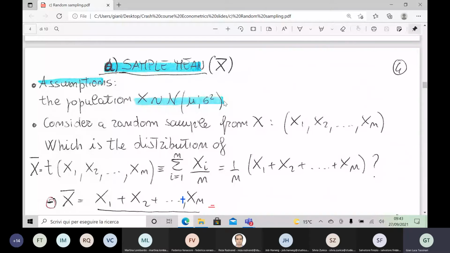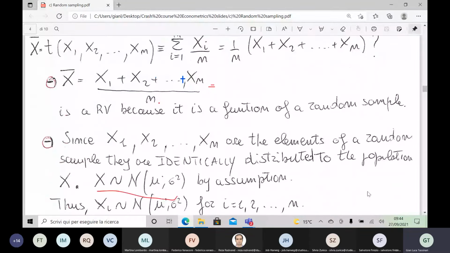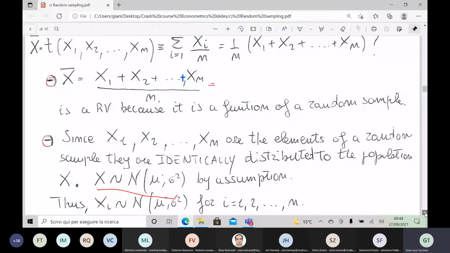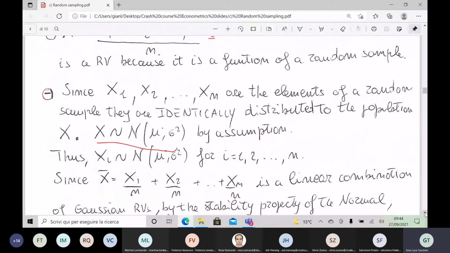And now work with me because we repeat everything. X1, X2, Xn are the elements of a random sample. Therefore, they are independent and identically distributed to the population. Our population, by assumption, follows a normal distribution with expectation mu and variance sigma square.